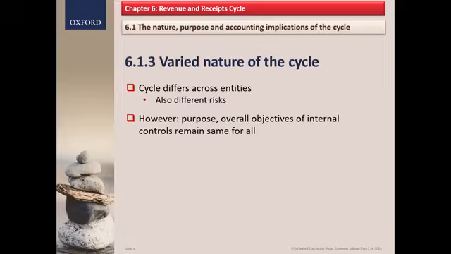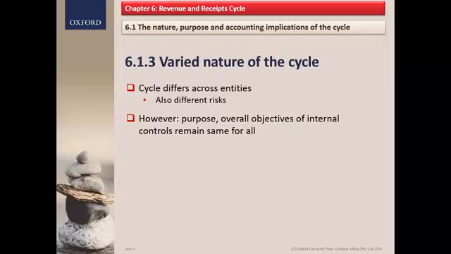But the activities that are performed in the cycle will vary from one entity to another. The control objectives, as alluded to, will remain the same. The aim of control objectives is looking at the validity, accuracy, and completeness of transactions.